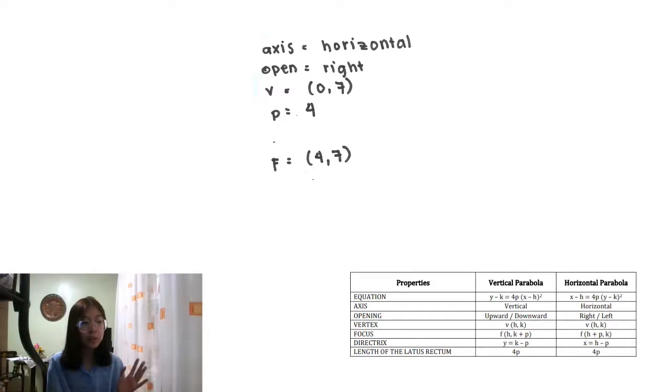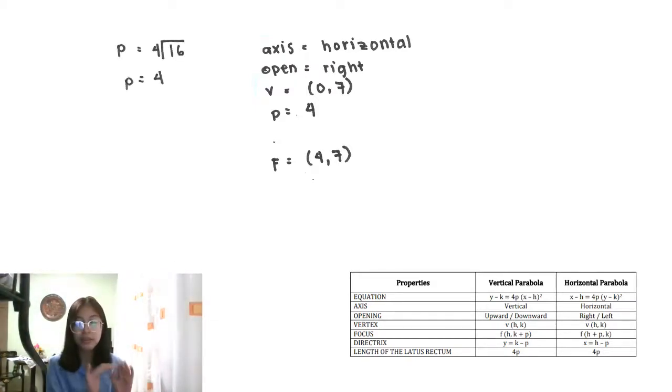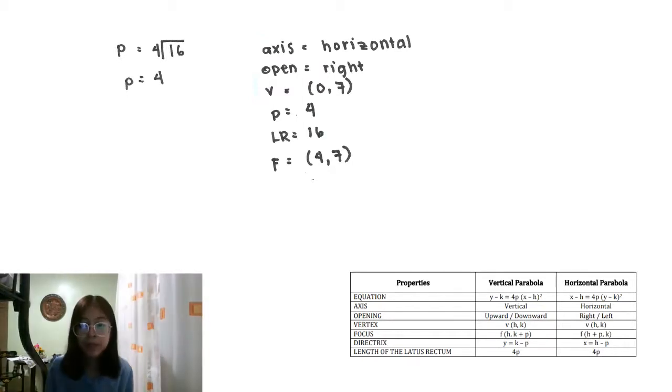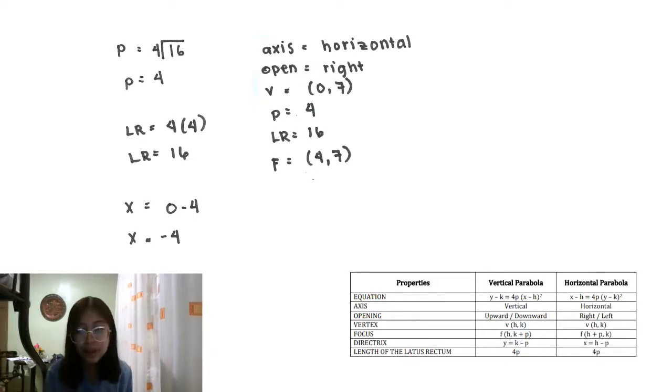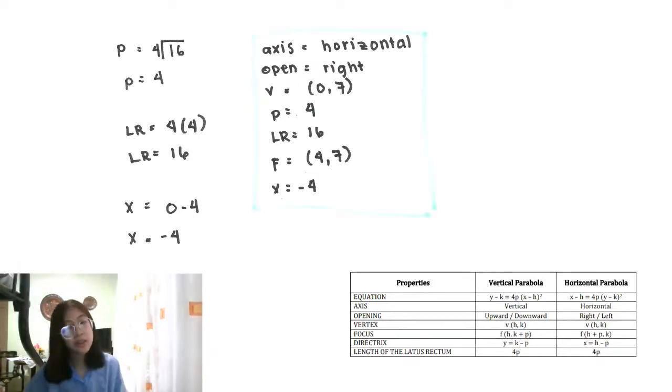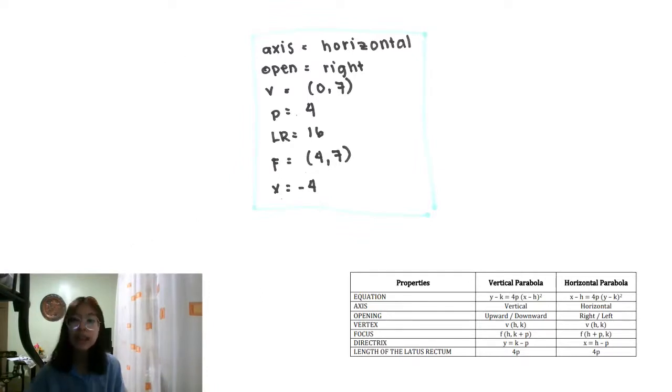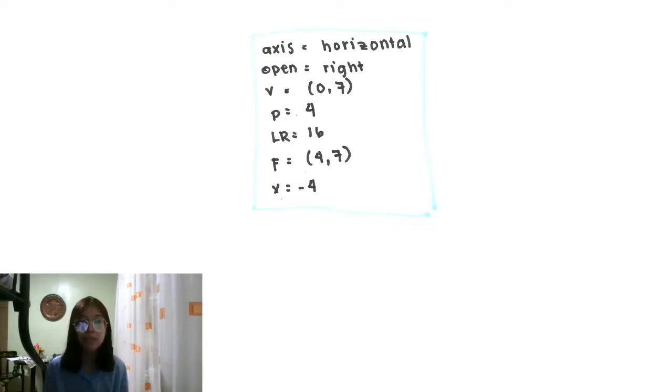Or if you were to solve it once more, we should get the 16 and divide it by 4, so we would have 4. The latus rectum is 4 times 4, and the directrix is x equals 0 minus 4. So we have x equals negative 4 for the directrix. It is x because the axis of the parabola is horizontal. Thank you. We're done. Next.